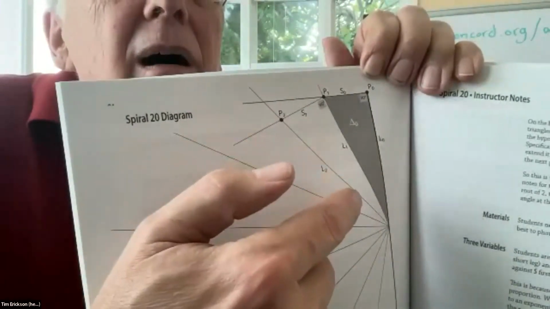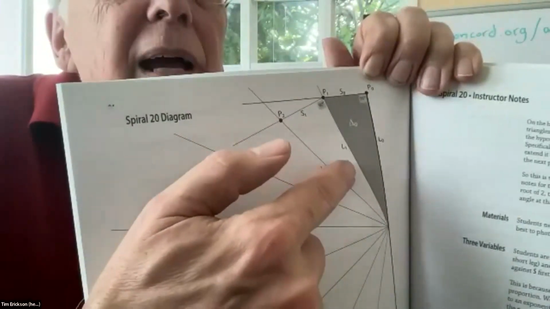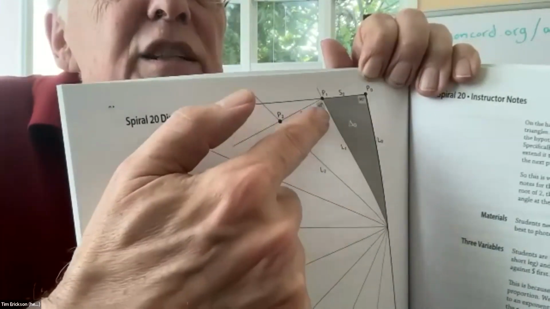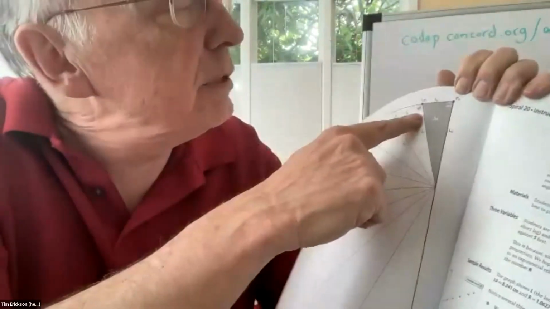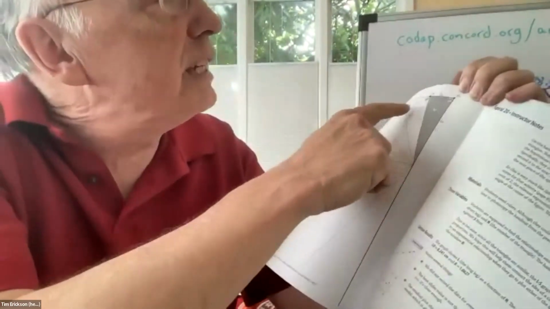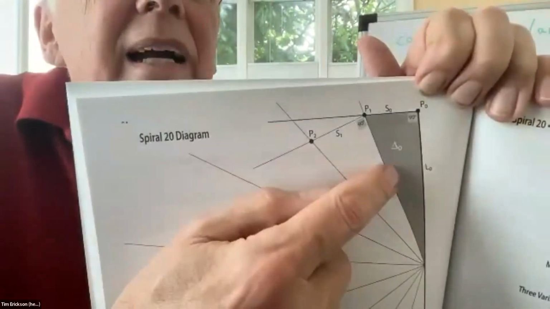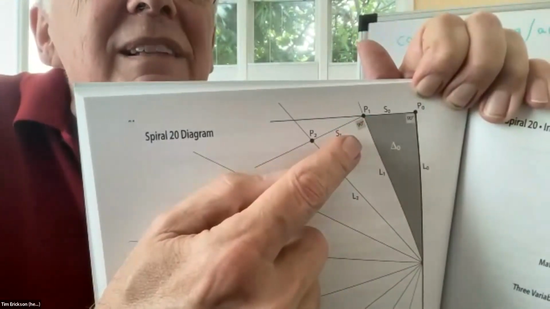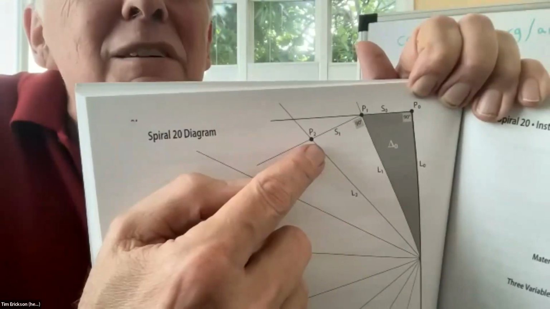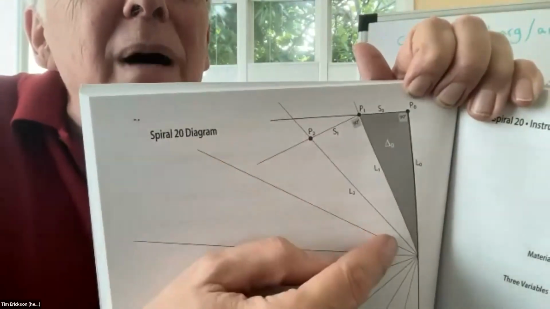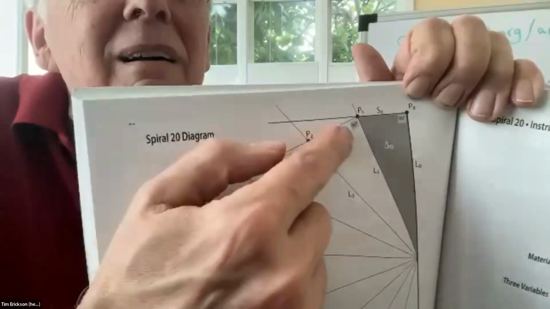Now I'm going to go out the second ray, and when I hit that spot, I'm going to turn right 90 degrees. Am I turning right? No, I'm turning the way you see it, you turn left 90 degrees, pardon me. I get out here and I turn left 90 degrees and I go until I hit the next ray. All right, so far? This makes a new hypotenuse for this new right triangle.